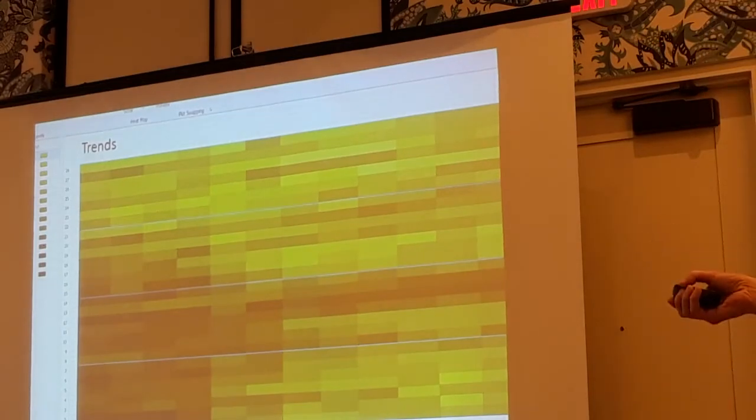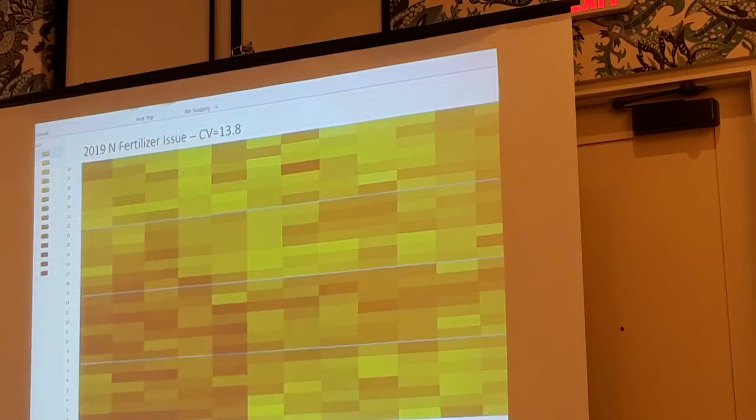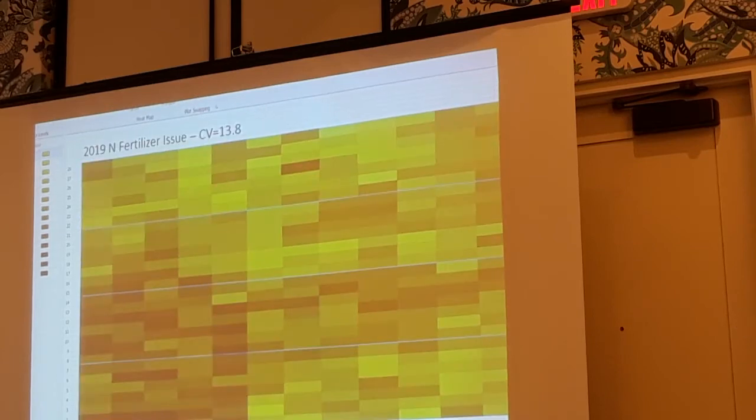This is actually the trend data that it showed. So it generated this trend, and it's basically showing that you're having higher yields in this stretch here, and then lower yields in these other places. So the software identifies that and lets you know that's the problem. And again, there's the original data, so just showing the change between the trend and the original data from the heat map.